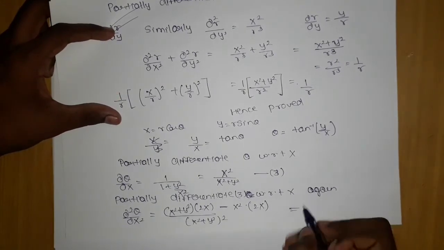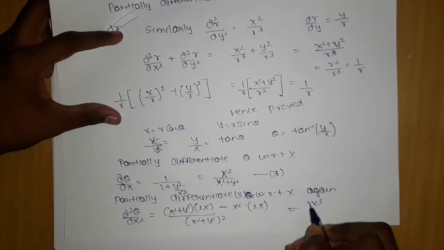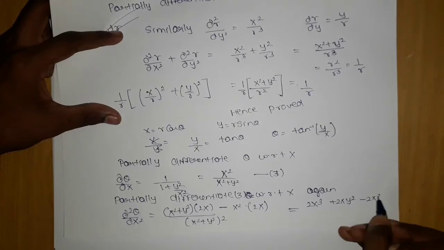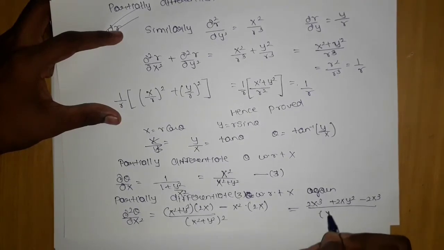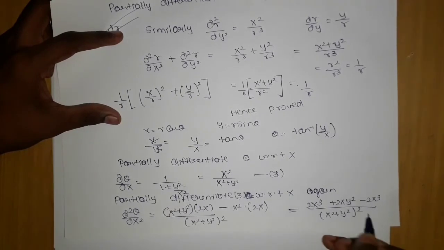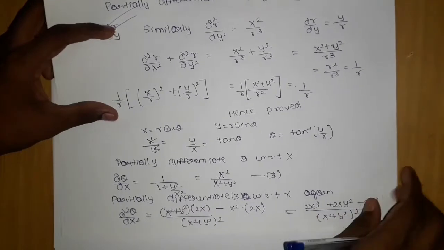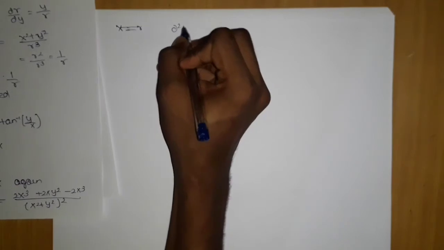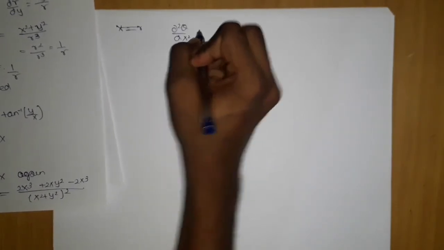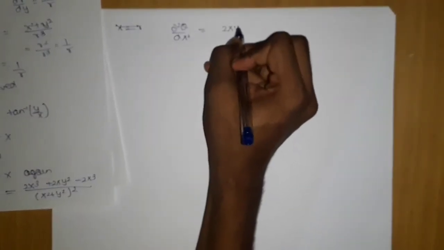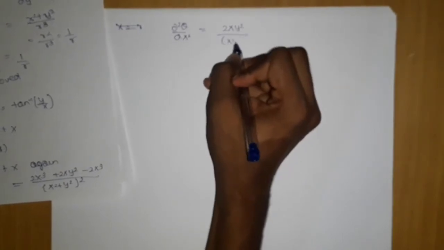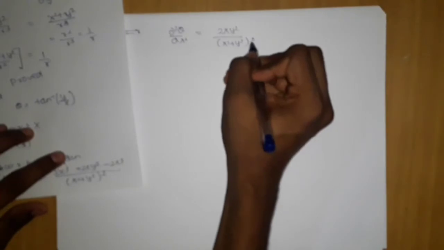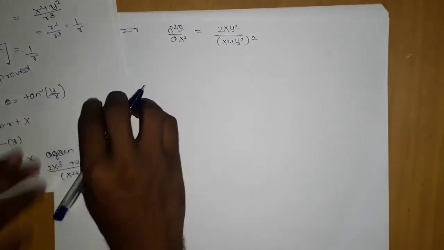If I simplify, I get 2x³ plus 2xy² minus 2x³ the whole by (x² plus y²) the whole square. You can clearly see this and this will cancel out, and I will be left with ∂²θ/∂x² as 2xy² by (x² plus y²) the whole square.